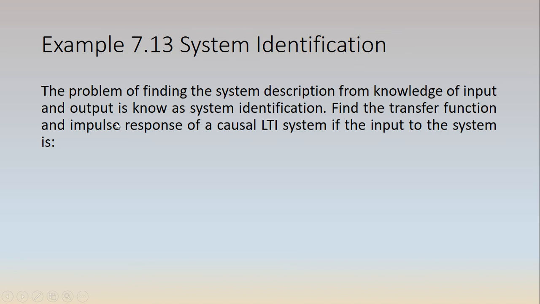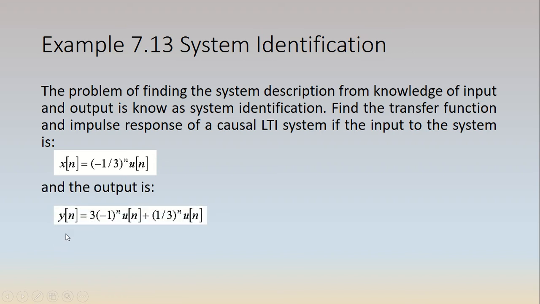Find the transfer function and impulse response of a causal LTI system if the input to the system is x[n] = (-1/3)^n u[n], and the output is y[n] = 3(-1)^n u[n] + (1/3)^n u[n].